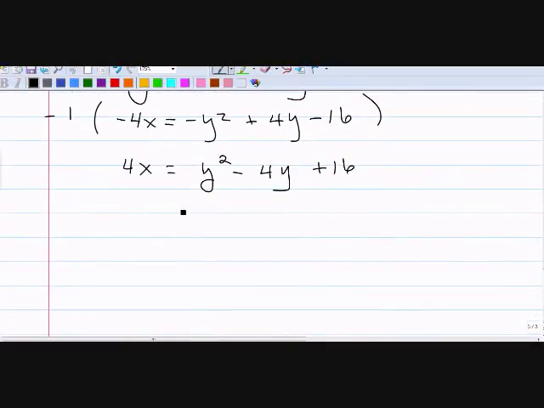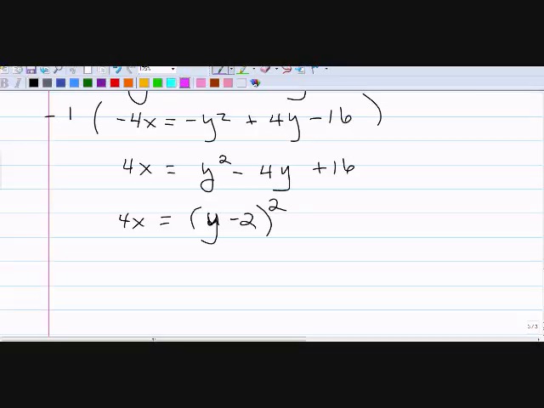So I complete the square, which means I take the y squared minus 4y, I take that negative 4 and divide it by 2 and get negative 2 and get y minus 2 squared. You remember doing completing the square in the fall? No? Too bad. We're going to do plenty of it.